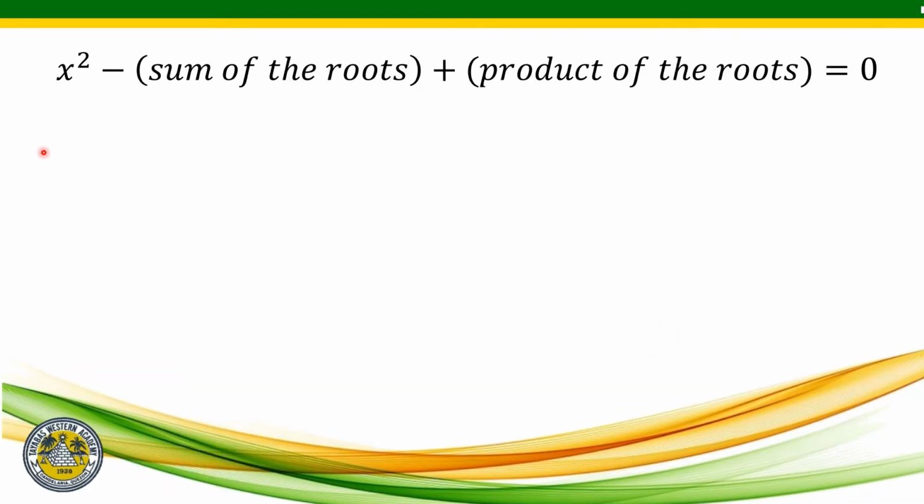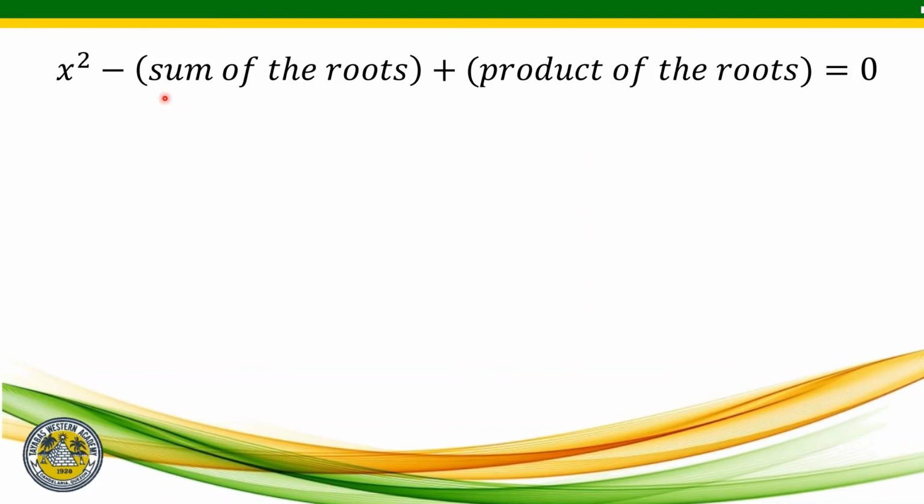Here is the pattern that you will use in deriving an equation out of the given roots. We have x squared minus the sum of the roots plus the product of the roots equals 0.